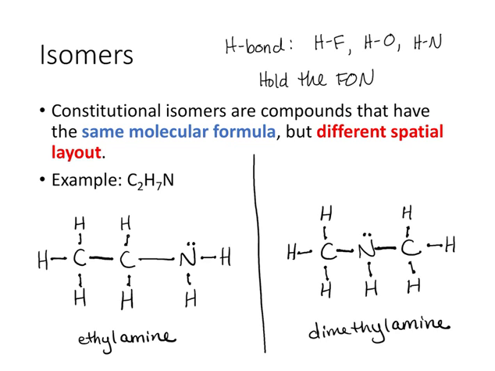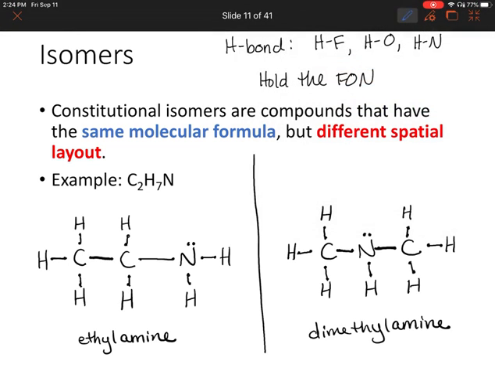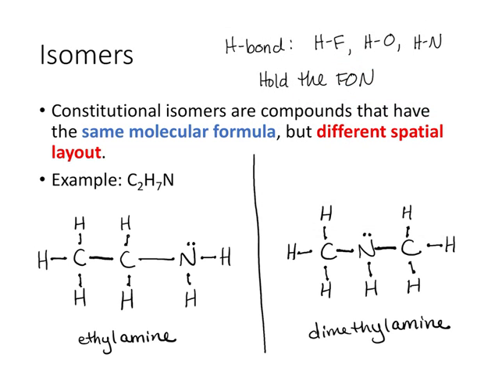So one really good example of hydrogen bonding is with water. If you have 2 water molecules, they're naturally going to orient themselves so that the electronegative oxygen is facing hydrogen, which is not very electronegative.